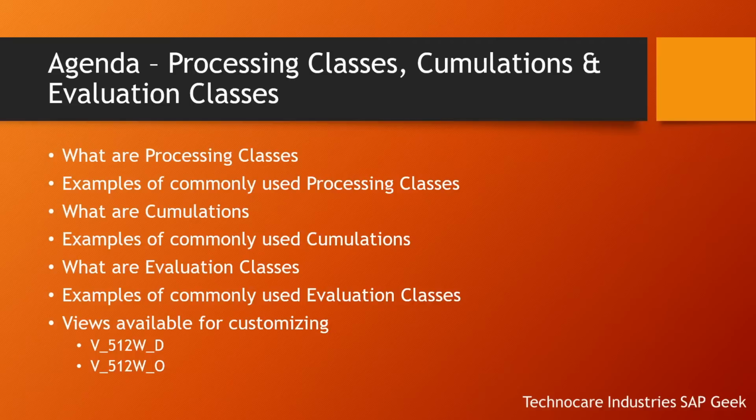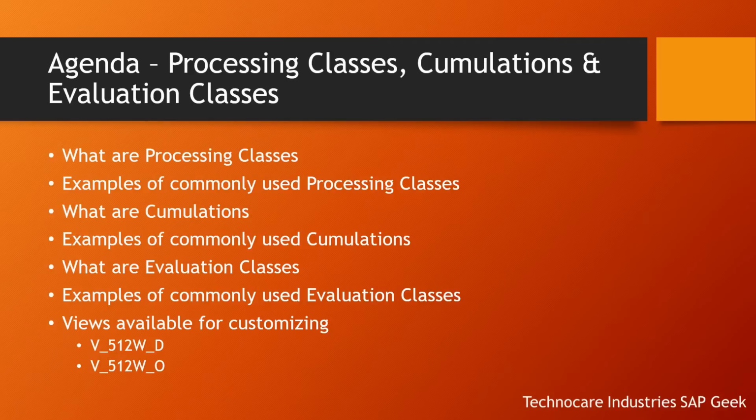From an implementation point of view, whenever we have to implement or create different kinds of wage types in system, as wage type is a very important configuration in payroll, setting up wage type. So when we set up wage types, these steps, processing classes, cumulations and evaluation classes, these are country specific, organized by SAP and available for customization.